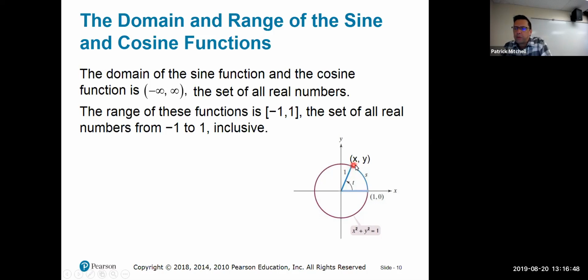Because the point (x, y) lives on the unit circle, which has a radius of 1, x is stuck between -1 and 1 going that way, and y is stuck between -1 and 1 going up this way. So that's a really important thing to remember: a number that comes out of a sine or cosine function has to be between -1 and 1.